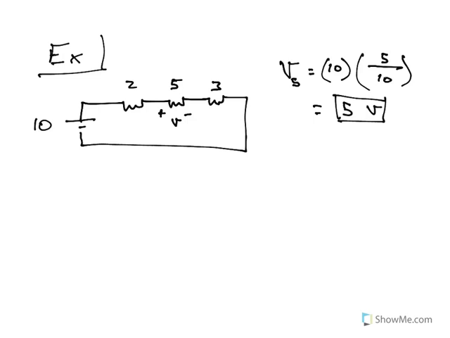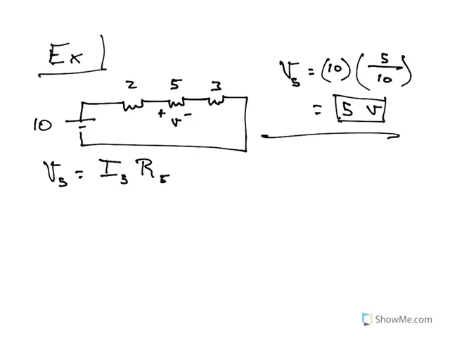Let's do it the way we normally would if we don't know the voltage divider. If we don't know the voltage divider, what we would say is, if I want to know how much voltage is dropped by the 5, well, I need to know the current that runs through the 5 times the resistance of the resistor, 5. Okay? Basic Ohm's law.